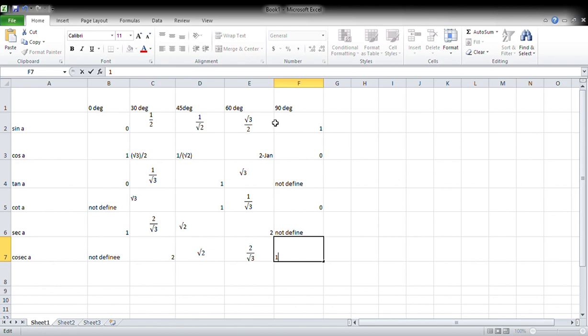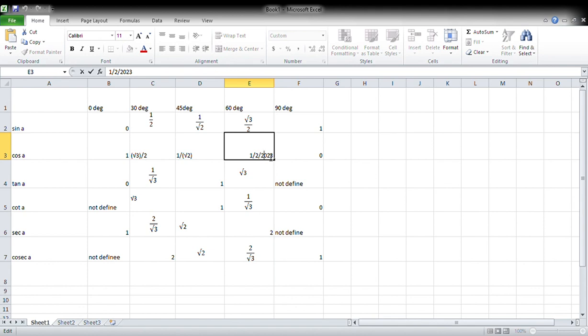This sine 60 value will come to cos 30, and the sine 45 value will come to cos 45.